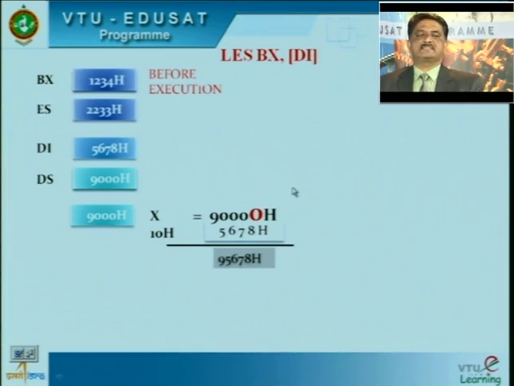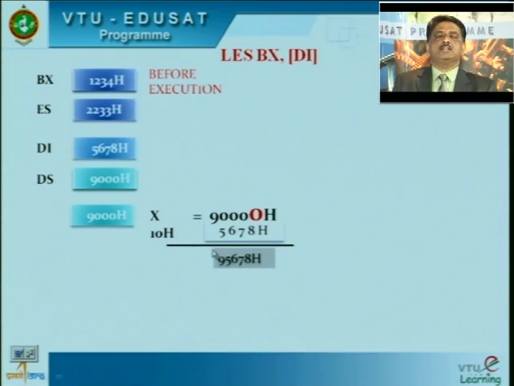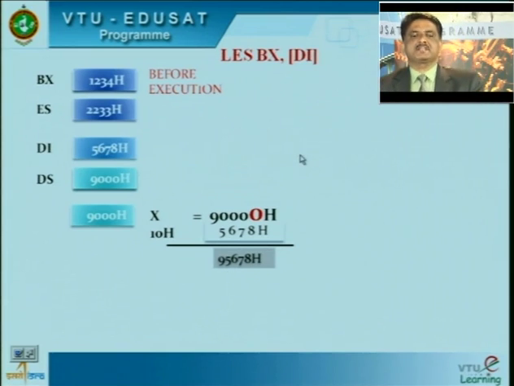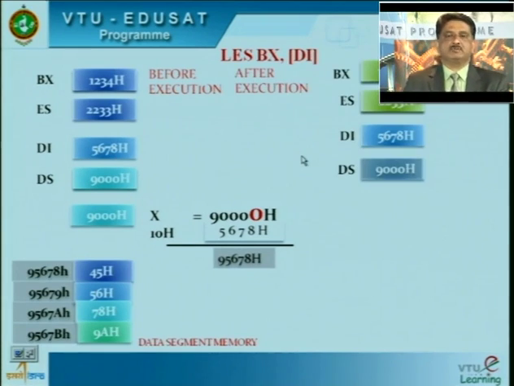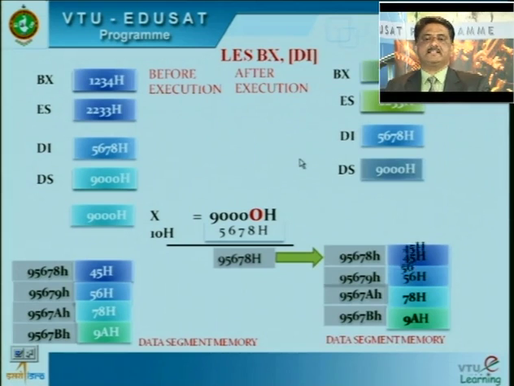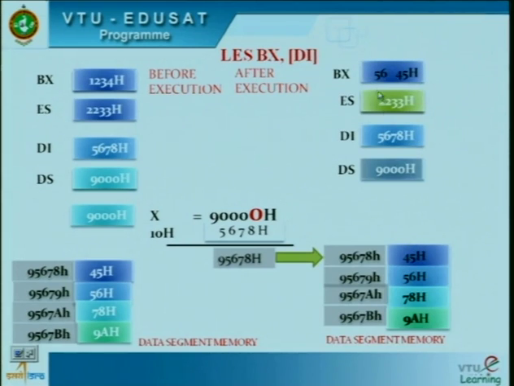Now this 20-bit segment base, or starting address of the segment, will be added with the offset address. Here the offset address is given by DI. What is the content of DI? 5678H. When I add this, I get 95678. So the target memory address is 95678, and from that memory location we take the data and copy it onto BX.